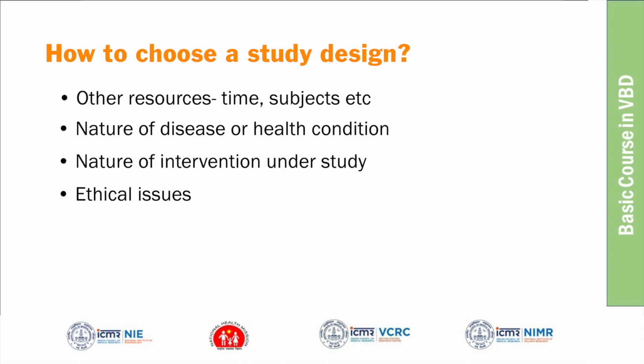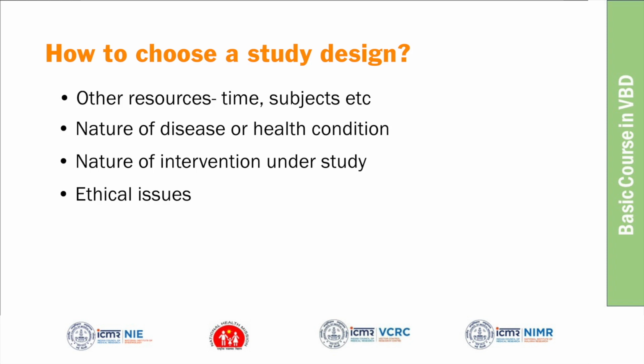Then ethical issues. There are ethical issues in every research, whether you are simply giving a questionnaire and getting answers from participants, whatever it may be. There are ethical issues in any kind of research that we carry out. And I think it has already been dealt with for you, but any research should never harm the participant in any way.